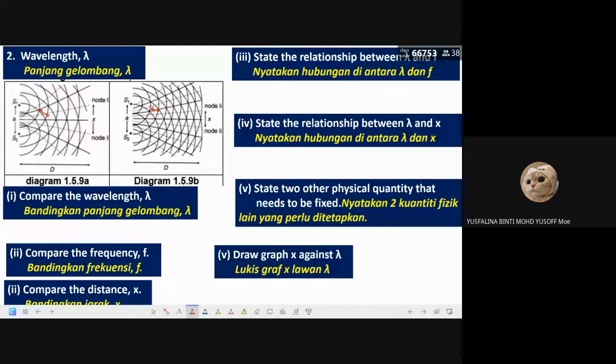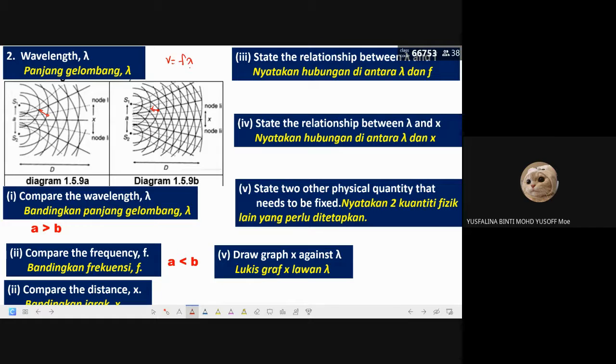You can see for diagram a, the wavelength is higher than b. And about the frequency, b is higher than a, because you can see the wavelength there is much closer to each other. So this one also you can use the formula, right?